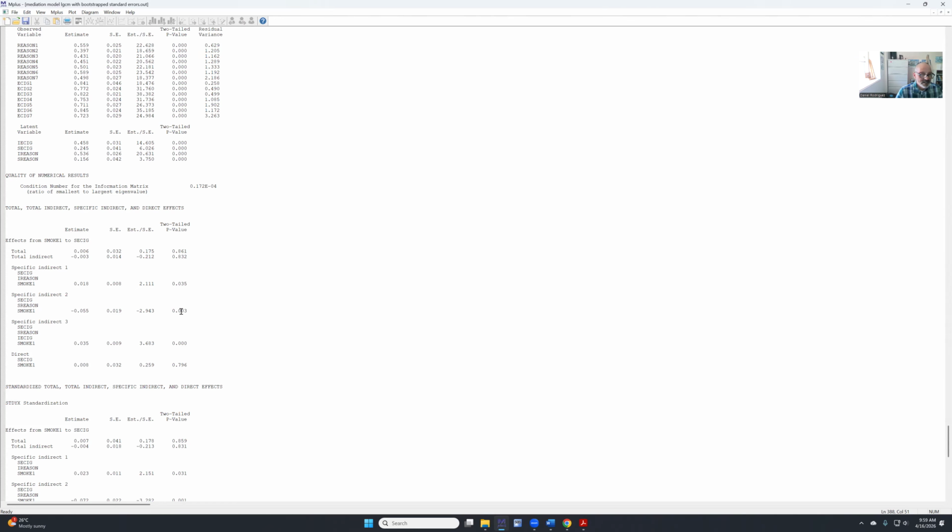This is an indirect effect based on just the regular standard errors, and the standard errors in indirect effects can be flawed, right? There's no guarantee that they're going to be normal. So if they're skewed, imagine you have a right skewed standard error, and you think about these statistical tests, like a Z test, for instance, where you standardize everything.